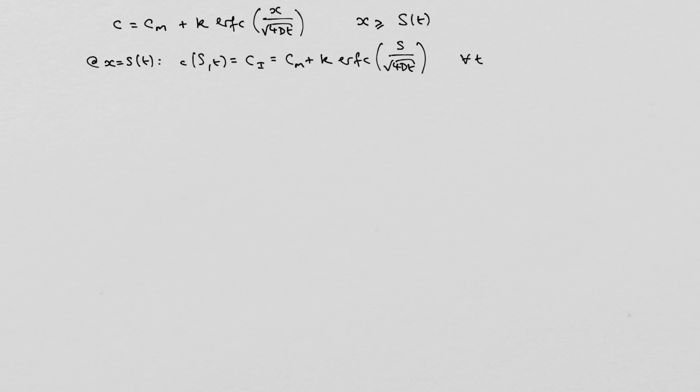How are you going to make that equation work for all time? Or if it does hold for all time, what must be true? S must grow as, okay, so we must have S proportional to the square root of 4Dt. Now, that's the characteristic diffusion length at time t.